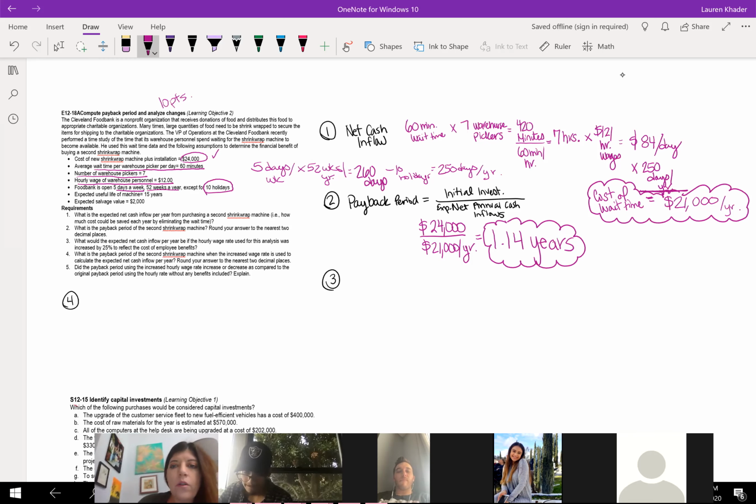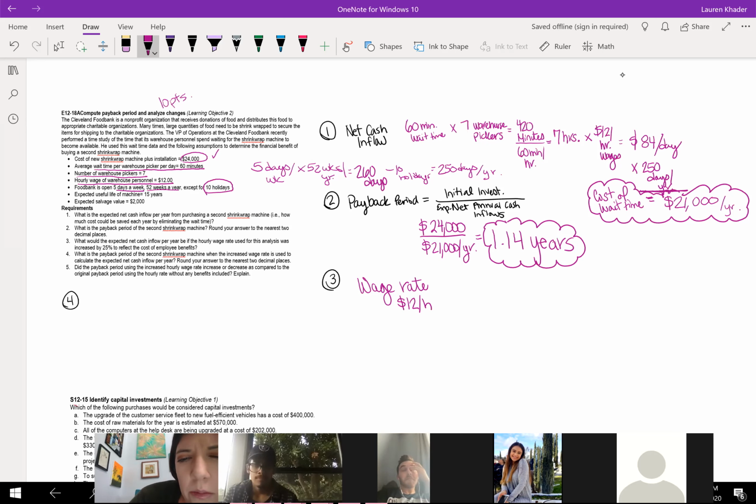So now we're going to take that $12 per hour, the wage rate, I'm sorry, $12 per hour, not per year, times the increase to get the new hourly rate.